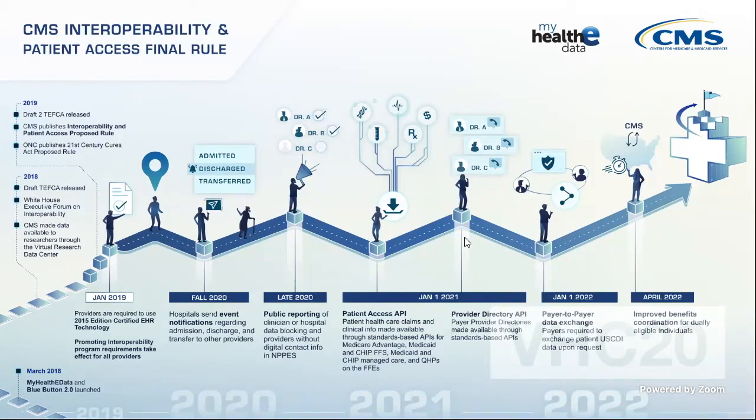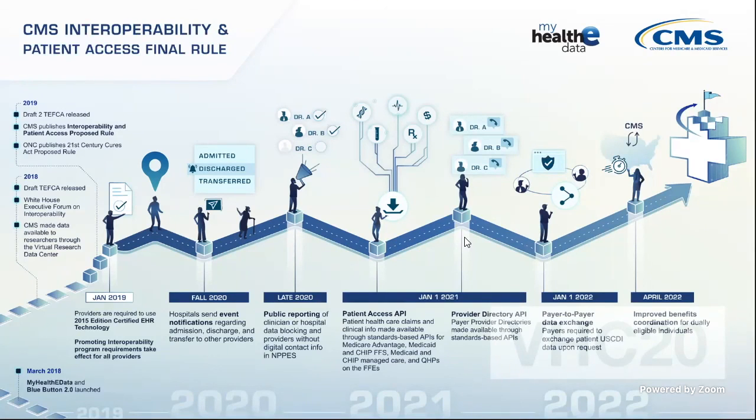The timeline that you see on your screen really walks through each of the proposals. I'm going to go through them in order, starting with what's going to happen in the fall of 2020. So 6 months from now, hospitals, as part of their conditions of participation in Medicare and Medicaid, will start sending event notifications upon patient admission, discharge, or transfer.